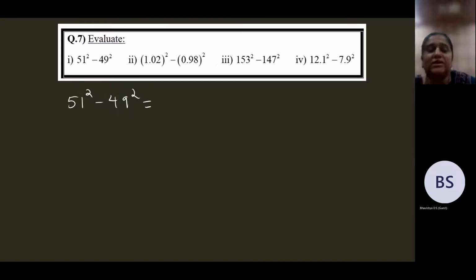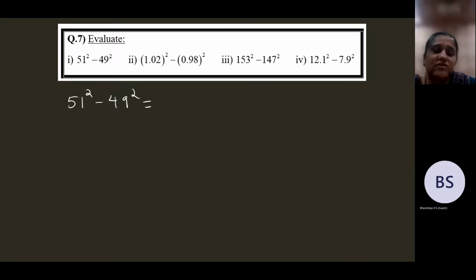So your answer will be A plus B into A minus B. If the question is A plus B into A minus B, the answer is A square minus B square. If the question is A square minus B square, then the answer is A plus B into A minus B. Am I clear? Yes, ma'am.